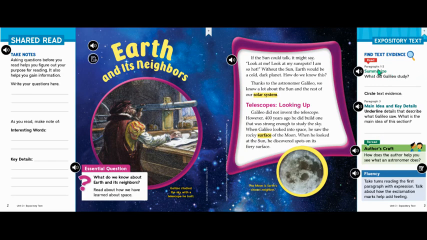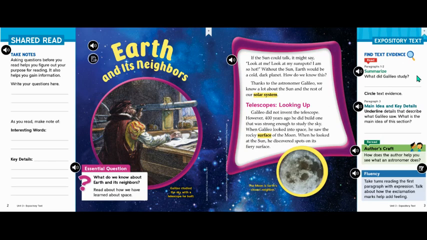Our first question is going to focus on paragraphs 1 and 2. The focus is summarize. The question is, what did Galileo study? This question begins with the word what, so I know that it's asking about a thing.